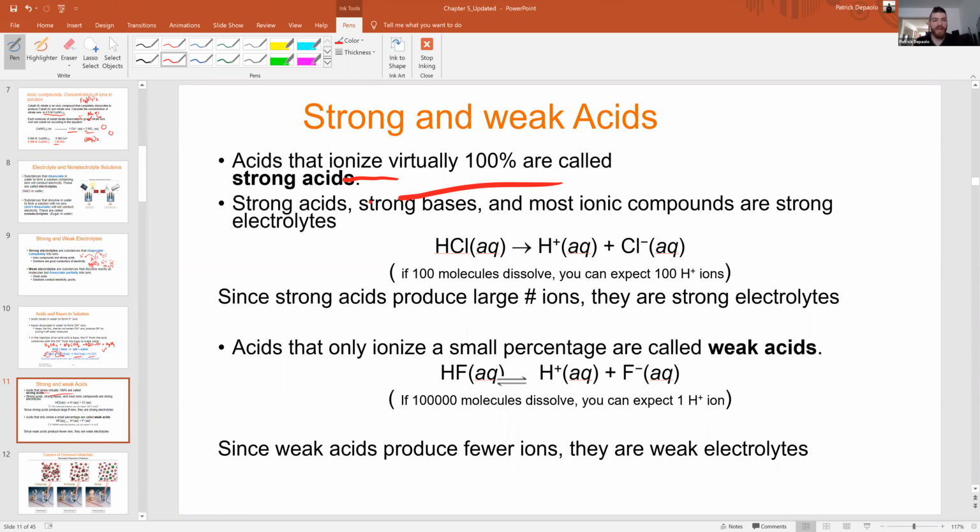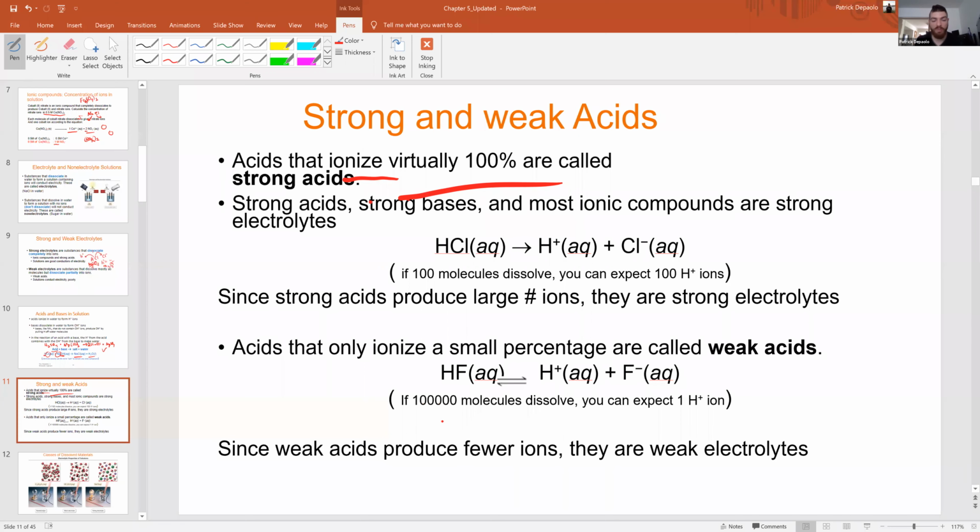Now there are acids that ionize partially, which are called weak acids. One of those weak acids is HF. So HF dissociates into H plus and F minus, but a very, very small percentage of the time.